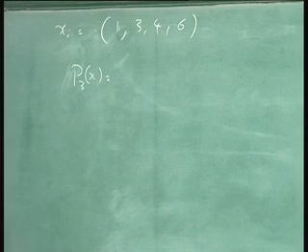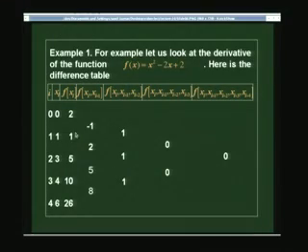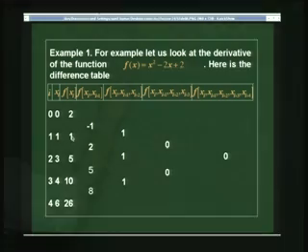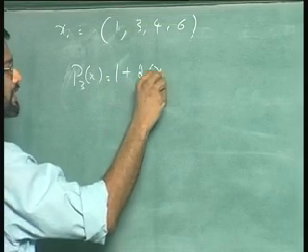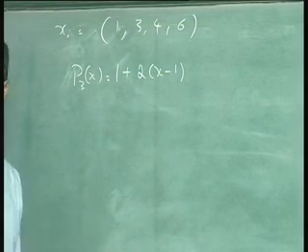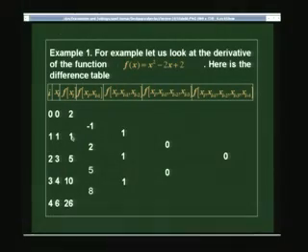In this particular case, f of x0 is 1, because we are going to start from here. So it's 1 plus 2 into x minus x0, where x0 is 1. So 2 is the next term, f of x0 x1 is 2, so that is the next term.